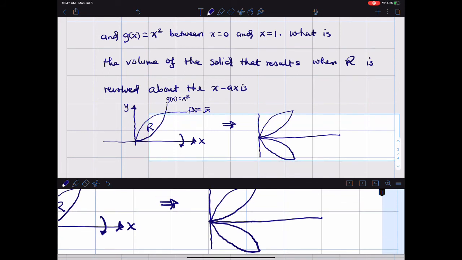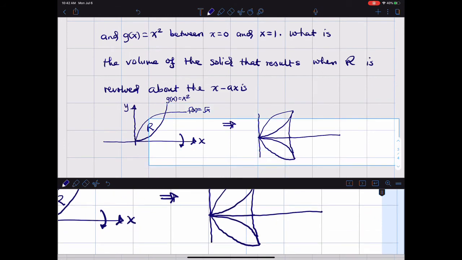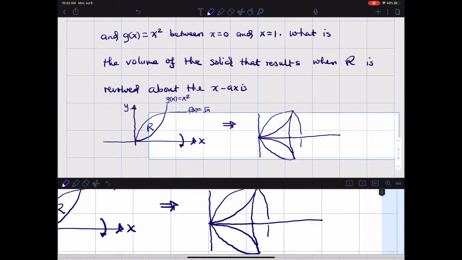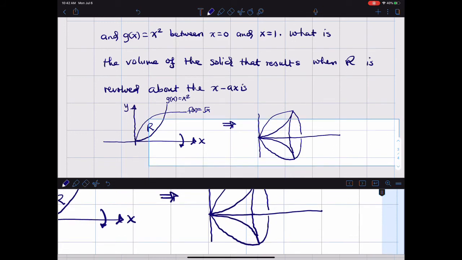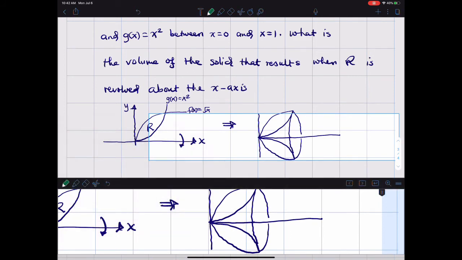Okay, so you get this figure. All right. So you can think of getting a slice over here. Like that.